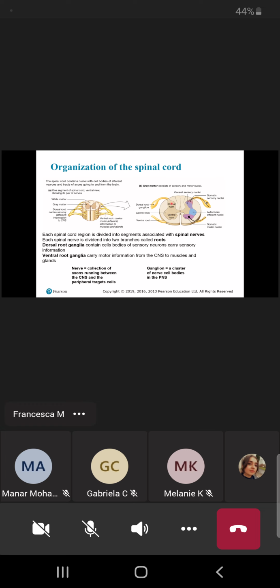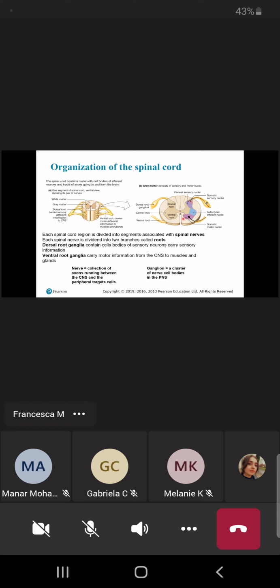From the dorsal root ganglia, we have the information that moves from the periphery, the peripheral nervous system, to the central nervous system, using the afferent division that originates from the dorsal horn. From the ventral horn, we have the efferent division, so the motor information that regulates skeletal muscle functions, or glands in some conditions.